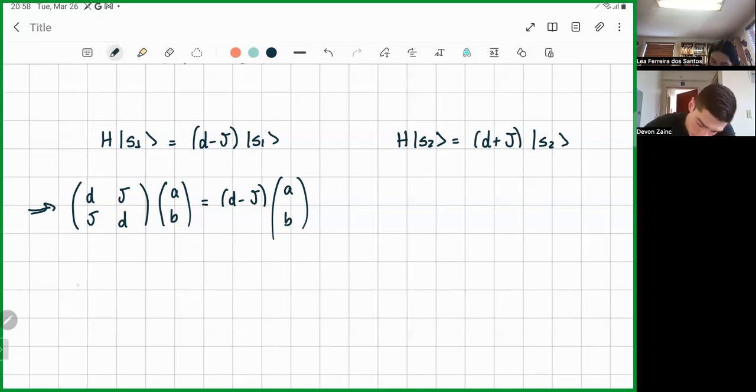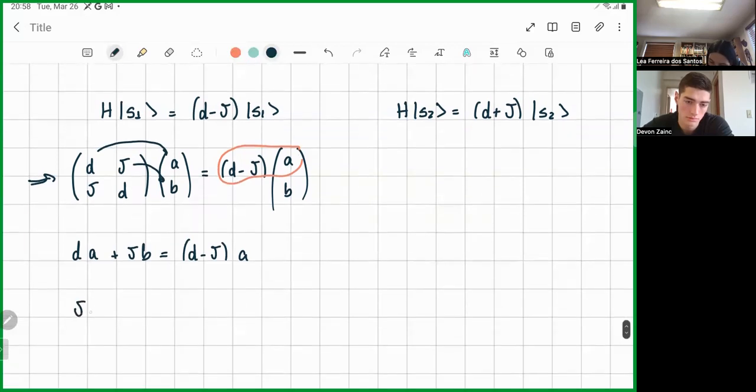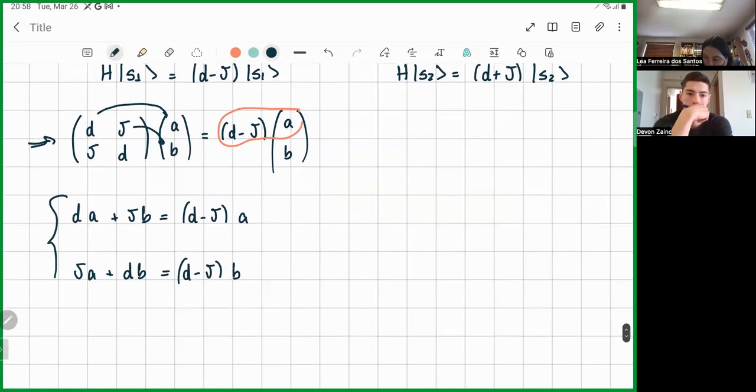So how do we go? D multiplied by A plus J multiplied by B, equals the first element, (D minus J) A. The second line, J A plus D B, equals (D minus J) B. All right, so now this is what we have to solve, but look, the first equation has dA on both sides, and at the bottom, I have dB and dB.